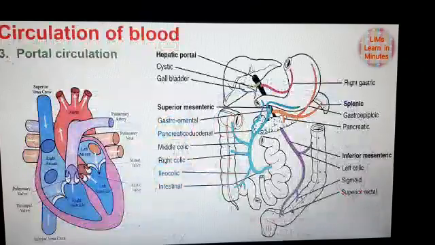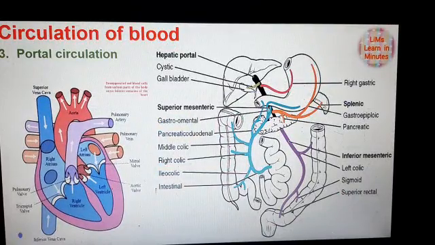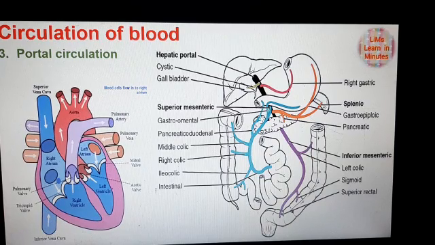Now let's have a look at portal circulation. What is portal circulation? The blood from the stomach, pancreas, spleen and intestines comes to the liver first through the portal vein.